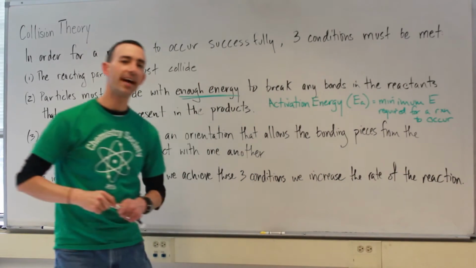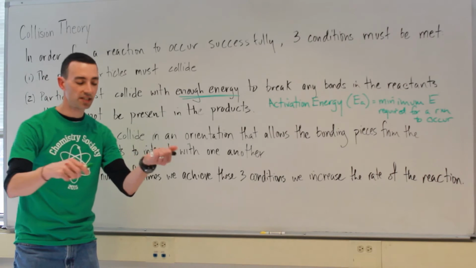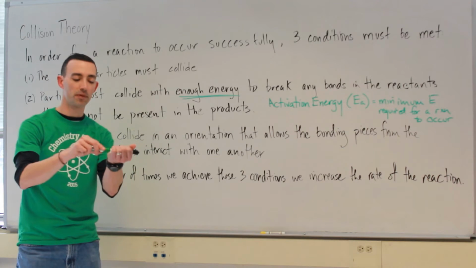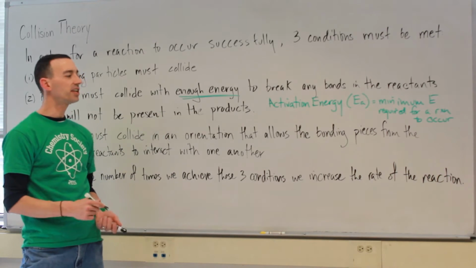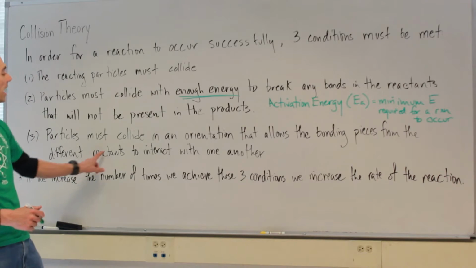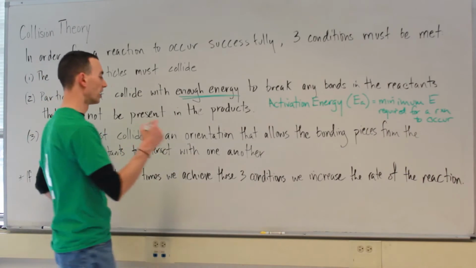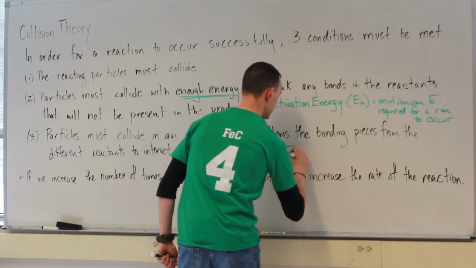If you don't have that energy in your molecules, when they collide, it's just simply not going to be enough to accomplish the transfer or the breaking of the bonds. And so the activation energy is a pretty crucial piece of information. As far as the orientation goes, we often use what's called the frequency factor.